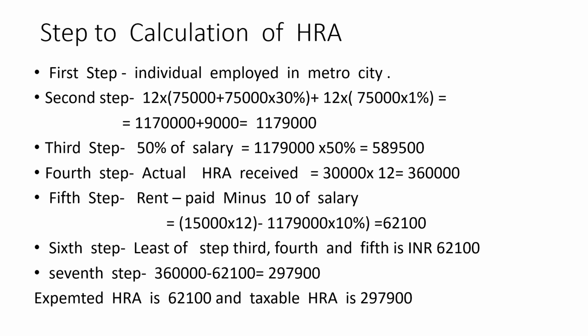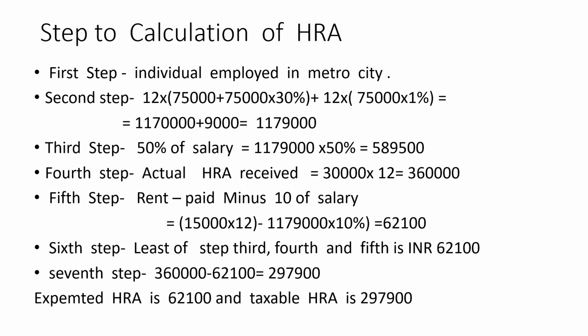Now the third step, we find the 50% of salary. So 50% of 11 lakh 79,000 is 5 lakh 89,500. In the fourth step, we find the actual HRA received. He is getting 30,000 per month HRA from the company, so 30,000 into 12, 3 lakh 60,000, he received as HRA during financial year 22-23.